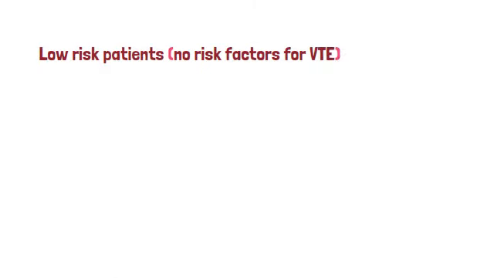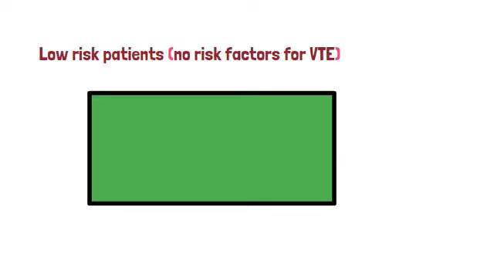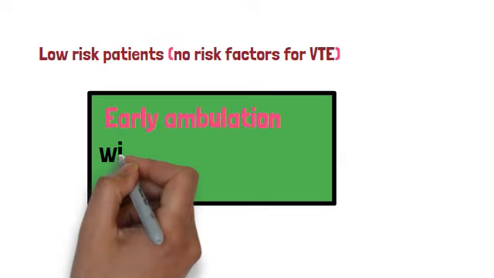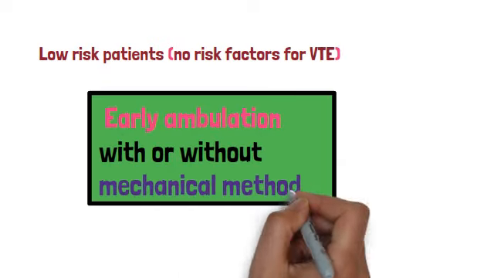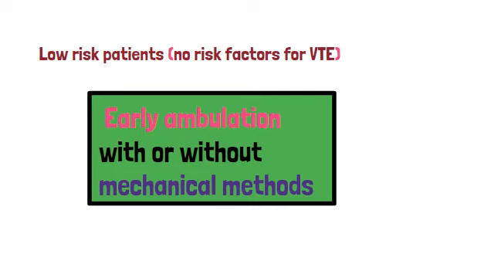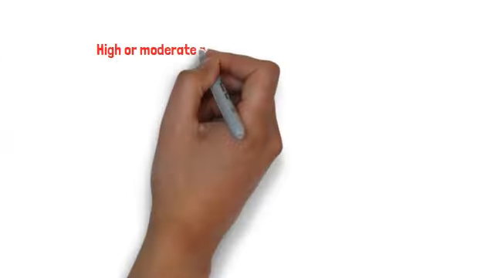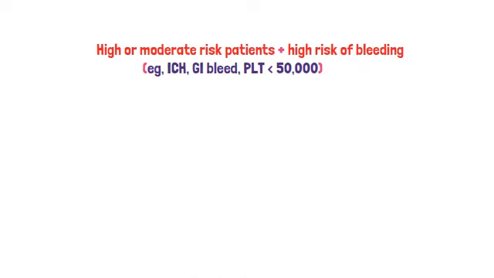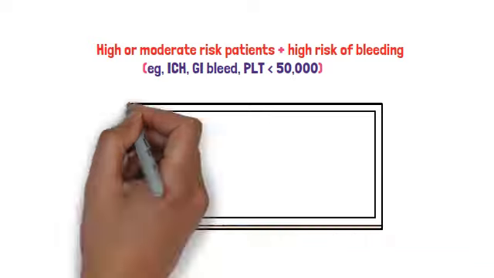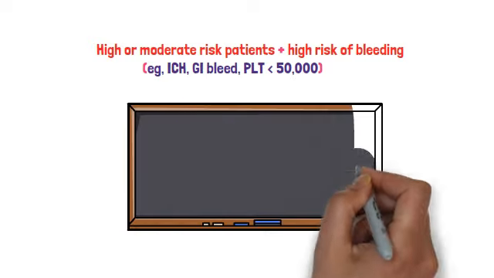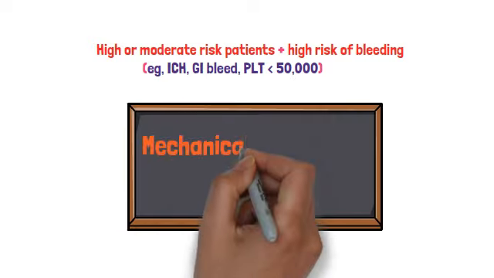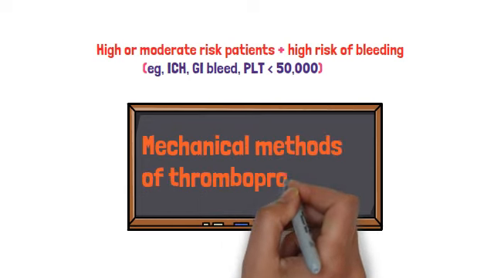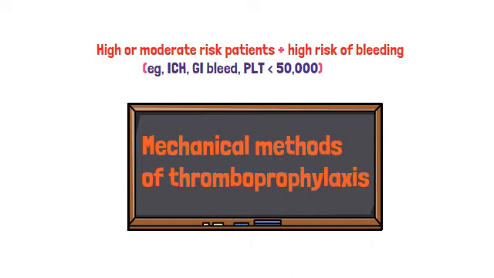For low risk patients, we use early ambulation with or without mechanical methods. For high or moderate risk patients plus high risk of bleeding, we advise mechanical methods of thromboprophylaxis.